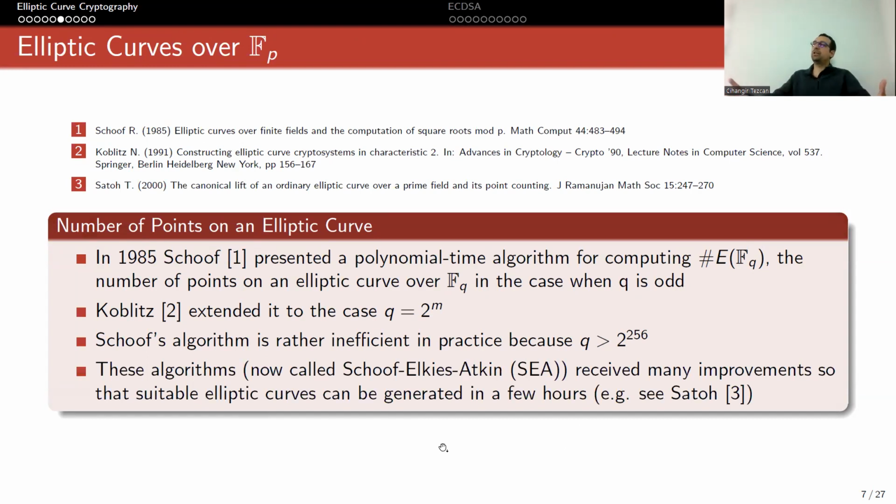So there are many modifications and optimizations, but at the end of the day, these algorithms, called the Schoof-Elkies-Atkin algorithm, received many improvements so that suitable elliptic curves can be generated in a few hours. For more recent publications, you can see such. So randomly choosing an elliptic curve and then counting its points is not that hard. That is what I'm trying to tell you.